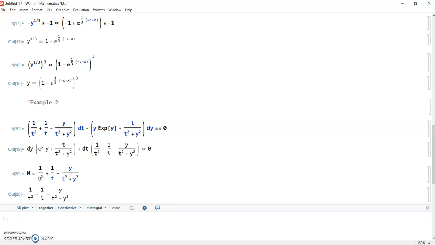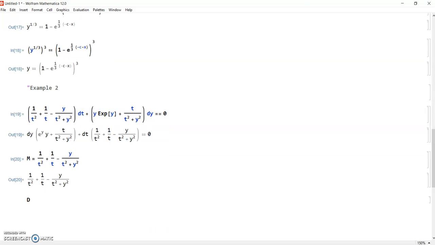For the derivative, there is a very simple letter, capital D, which is used in Mathematica. You start with the bracket, and then you enter the function. In this case, I don't have to enter the function, I just have to enter its symbol, which was M, which I have already chosen. And then I need to tell whether I differentiate with respect to t or with respect to y.